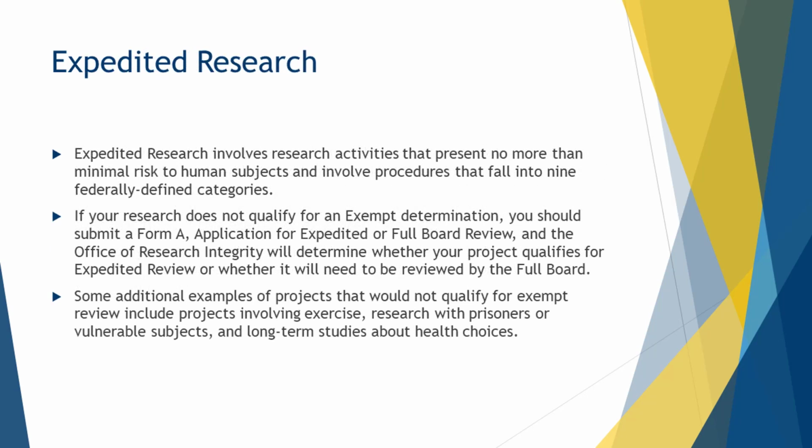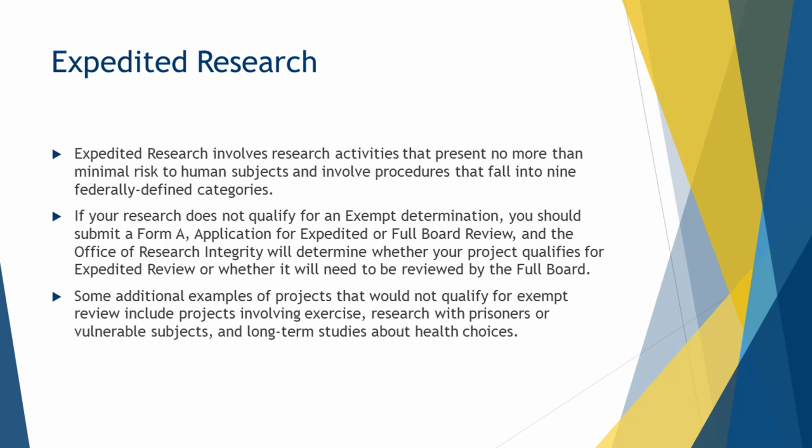All right, expedited research, just a little note here. Expedited research involves research activities that present no more than minimal risk to human subjects and involve procedures that fall into 9 federally defined categories. If your research does not qualify for an exempt determination, you should submit a Form A application for expedited or full board review, and the Office of Research Integrity will determine whether your project qualifies for expedited review or whether it will need to be reviewed by the full board.